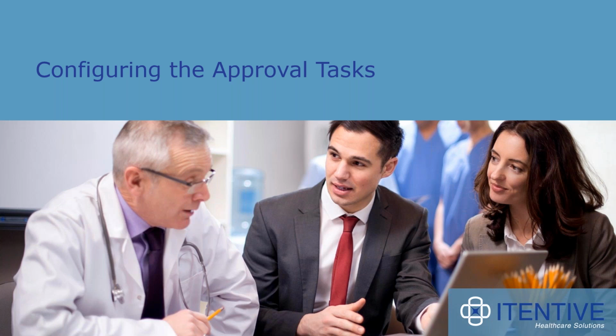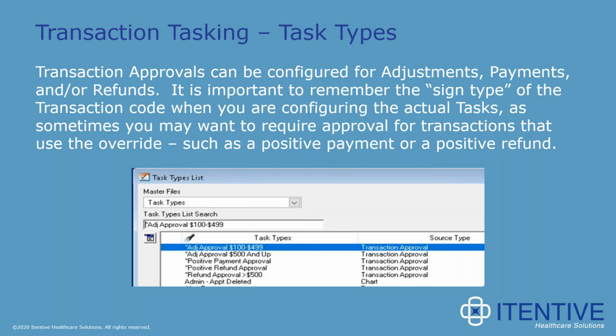So now that we've got the question of who's going to do the approval answered, I'm going to show you how to actually set up the transactions and set up the task and decide which transactions are going to qualify for the approval. Here are some examples of approval tasks that are pretty commonly used when I set people up, the ones with the asterisks. They may not fit into your particular needs, but at least it gives you some options and an idea.